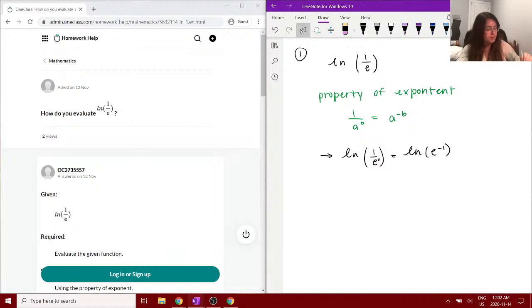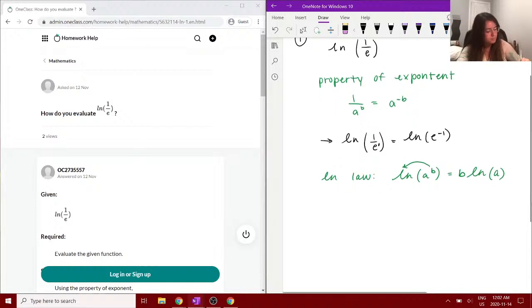Okay, so now that we have this, we can apply an ln law. This ln law states that if you have the ln of a with an exponent b, you can carry that exponent out and place it in front of the ln expression, and just take the ln of a.